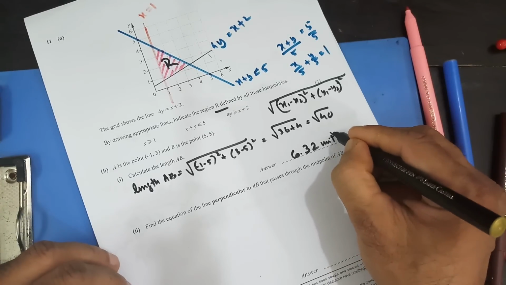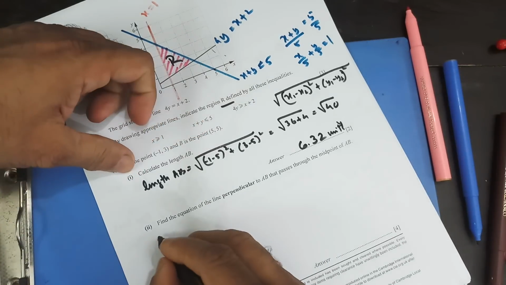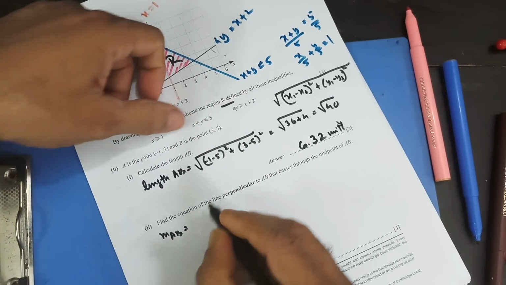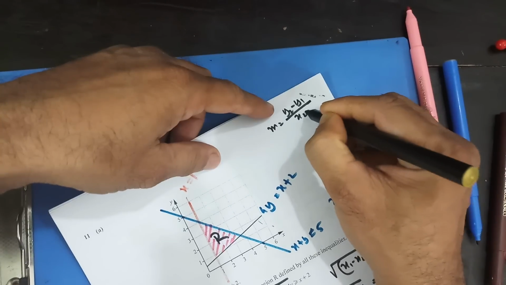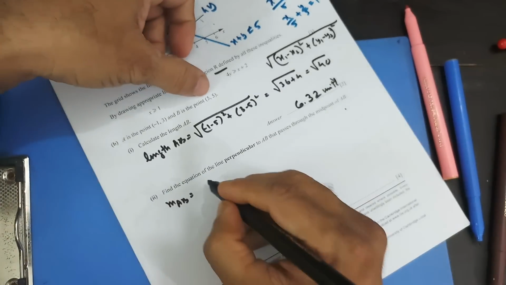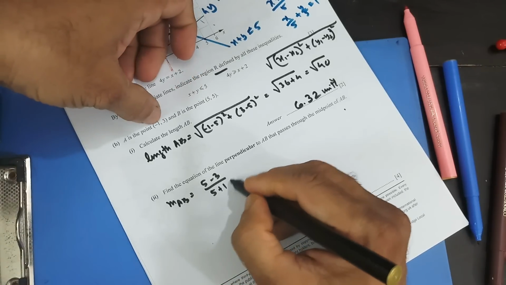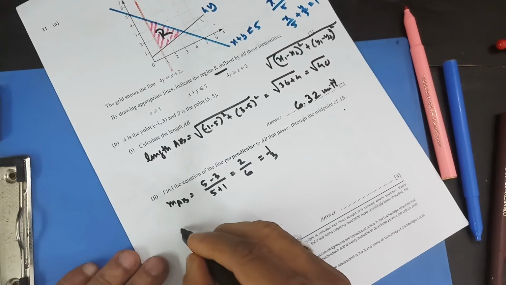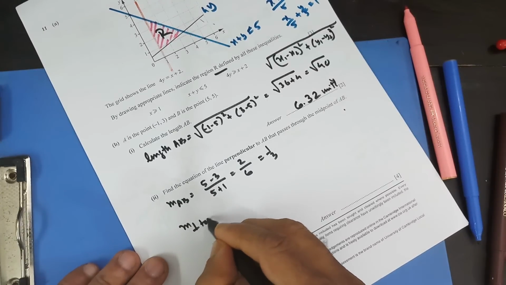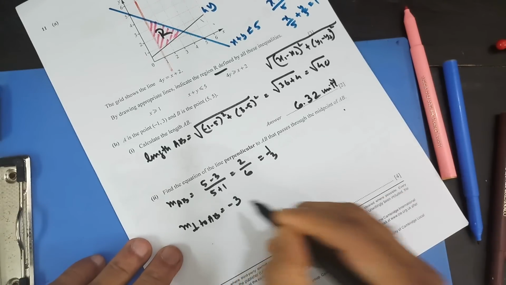And no unit is given, so I don't write a unit. Okay, so that's done. Find the equation of the line perpendicular to AB. Now the gradient of AB: the gradient's formula is difference in y divided by difference in x. So it's 5 minus 3 over 5 minus minus 1, so 2 by 6, that's going to be 1 by 3. Now the gradient perpendicular to AB is minus 3.